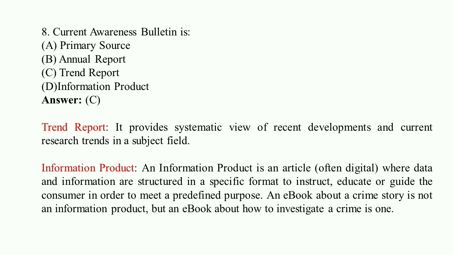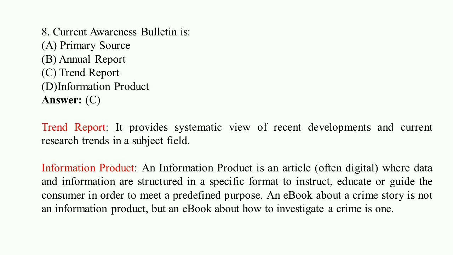What is an information product? An information product mainly guides the consumer in order to meet a predefined purpose. I want to give you an example. If there is a book about a crime story, it will not be an information product.